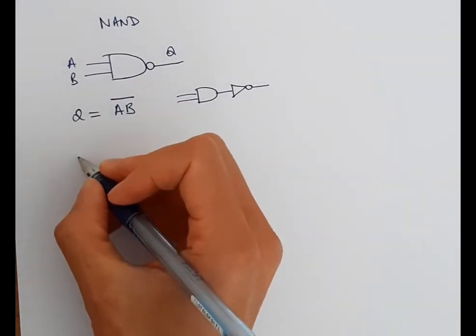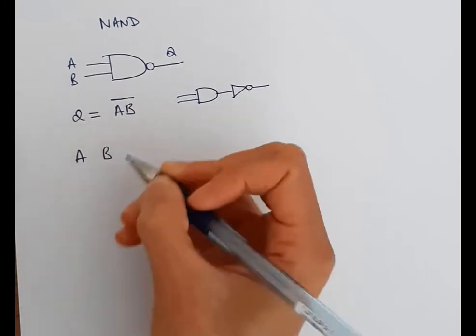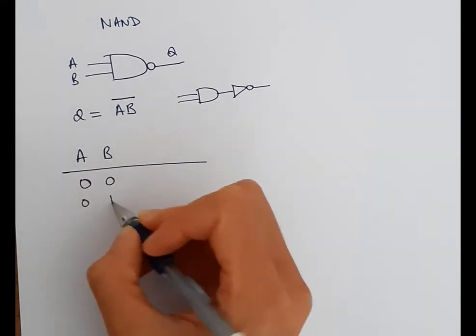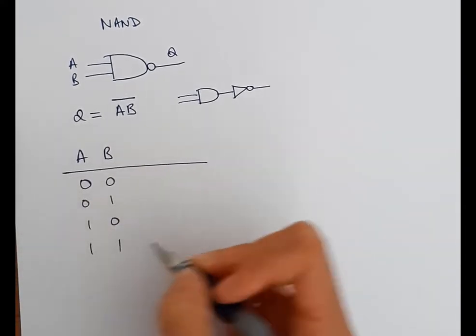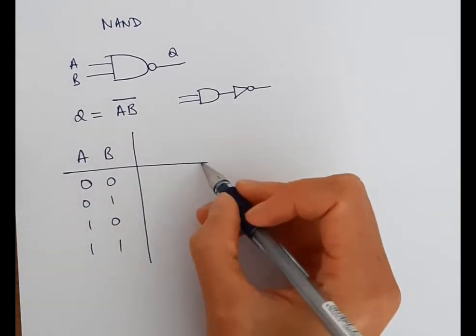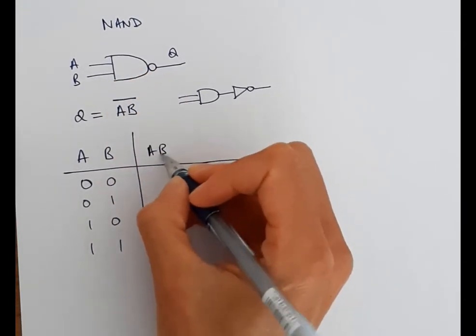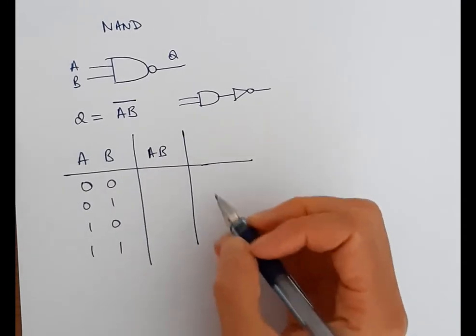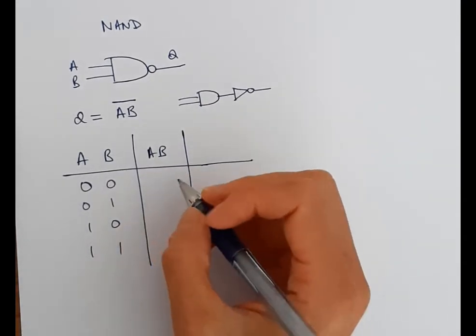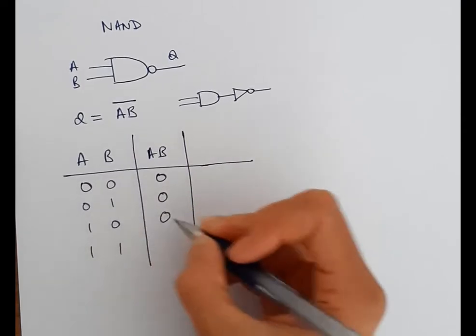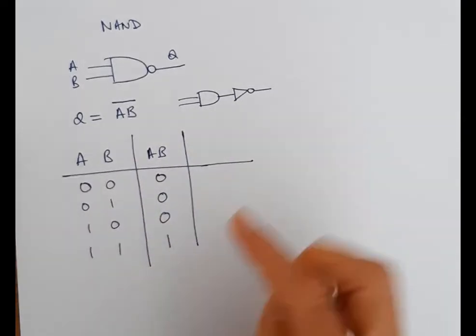So what that means is you can start from your inputs here, 0, 0, 0, 1, 1, 0, 1, 1. Now we can do this step by step. So the first part of the process is actually ANDing these things together. So if we AND them, we go, okay, neither are on, only one's on, only one's on. So that's our situation.